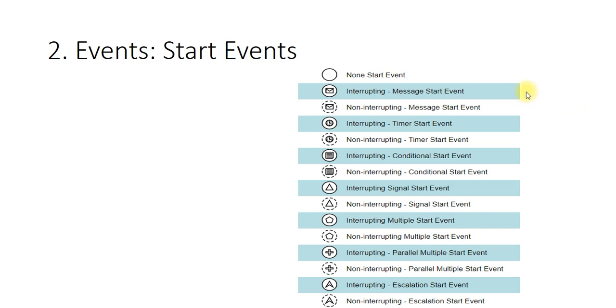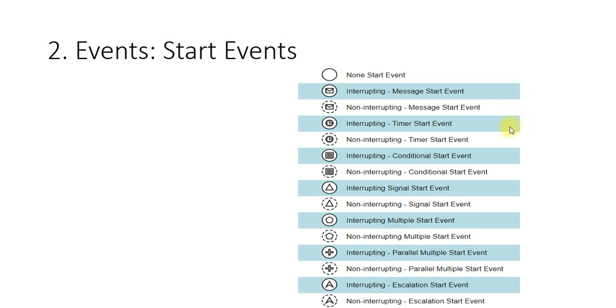If it is interrupting, the flow of control will be directed towards it or away from it. If it is non-interrupting, chances are the event might take place in parallel to the sequential flow or the usual flow of the process. So that is about message events.